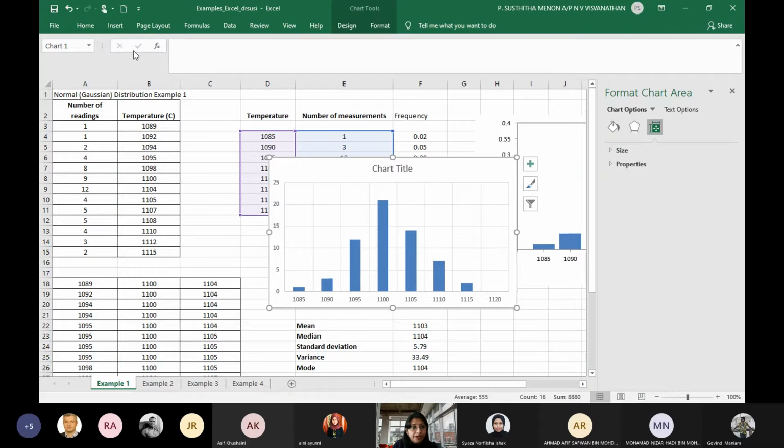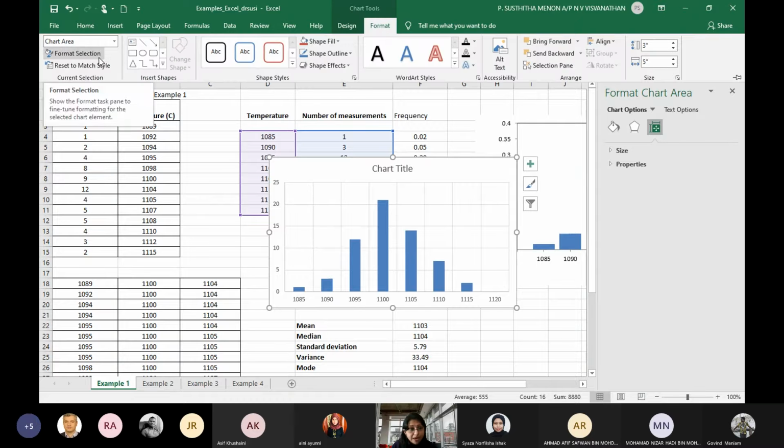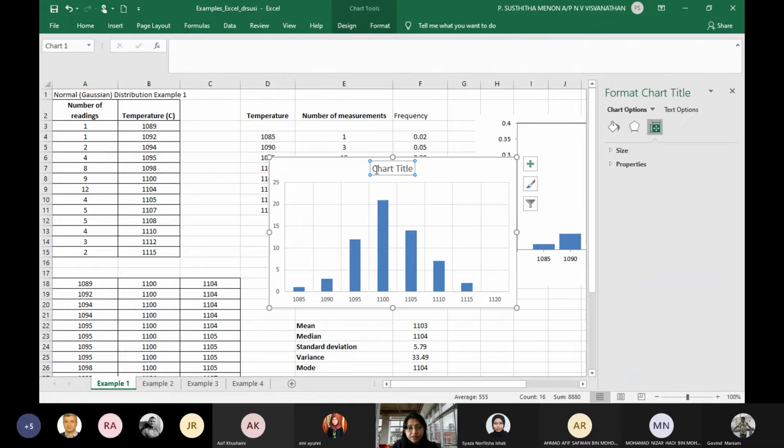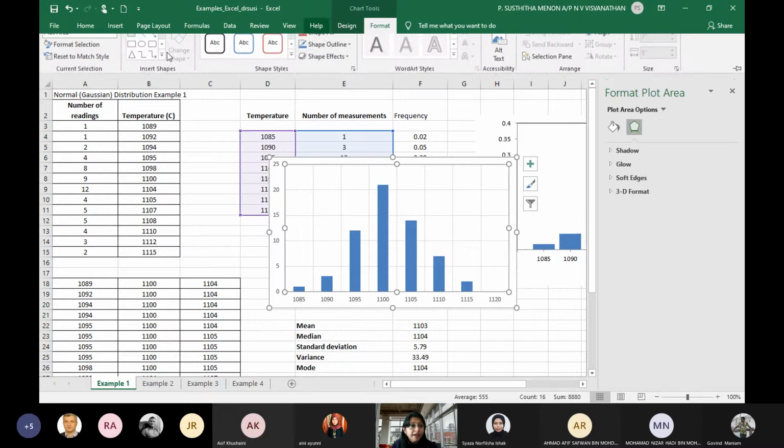You can go ahead and also label. Those who are very good in Excel, bear with me for a few minutes. Then you have this format selection. Normally for your journals or your papers, you do not add a chart title, so please don't add a chart title, because normally you will have a legend beneath to name the chart.